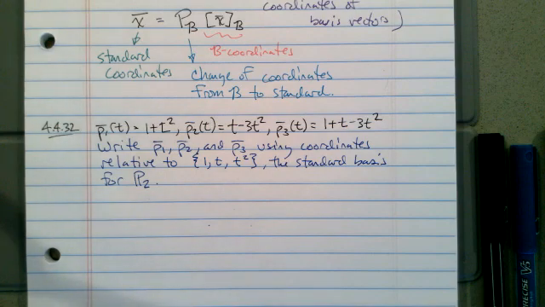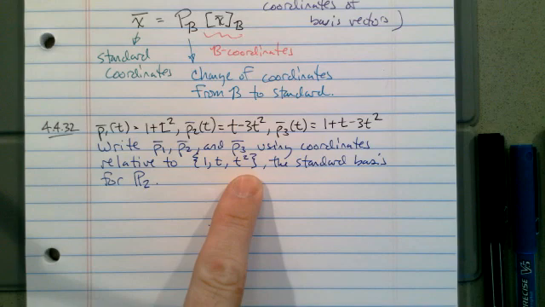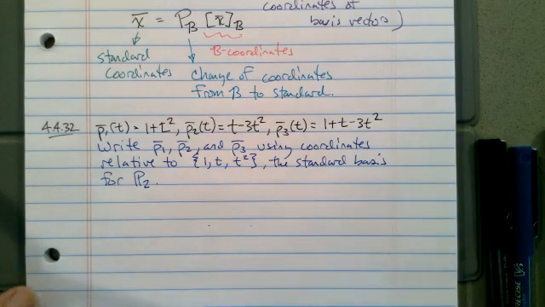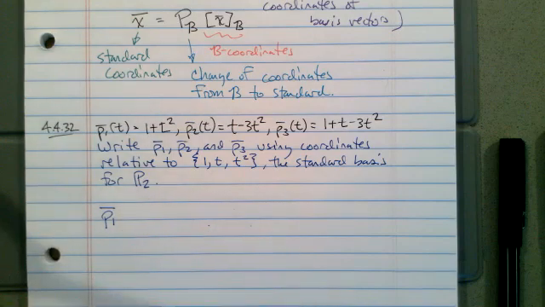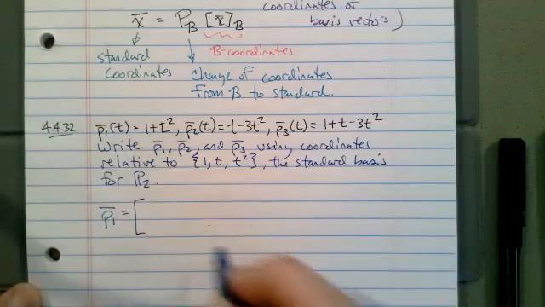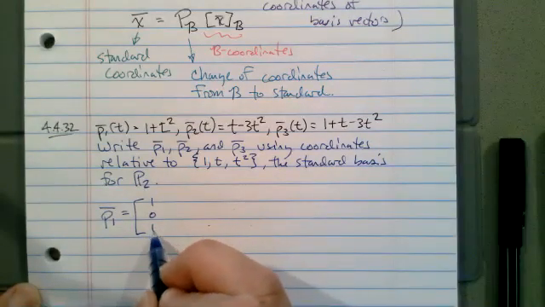So the coordinates of P1 relative to the standard basis will just be 1, 0, 1, because it's 1 of this vector, 0 of this vector, and 1 of that vector. So I'm going to write it this way. I'm going to say P1, instead of P1 of t, which means it's a polynomial, I'm going to say P1 is this vector. The coordinates of P1 relative to the standard basis are 1, 0, 1.